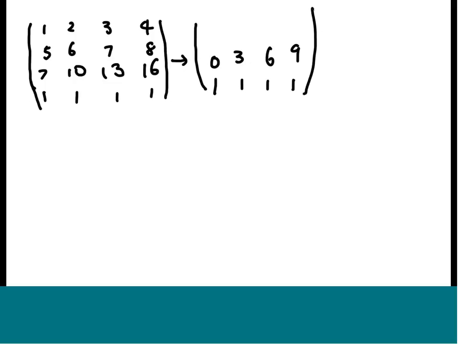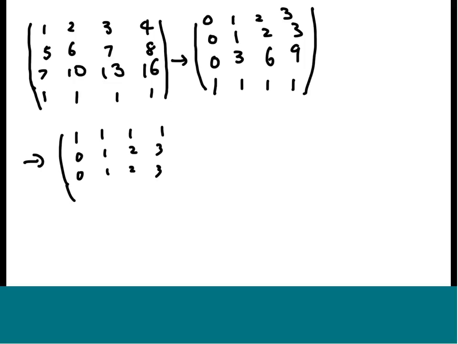Then for 5, I get 0, 1, 2, 3. Then I flip the row and get 1, 1, 1, 1, then 0, 1, 2, 3, and 0, 3, 6, 9.